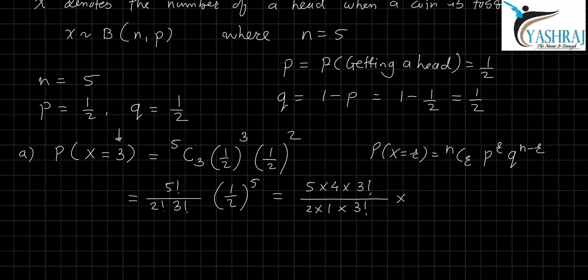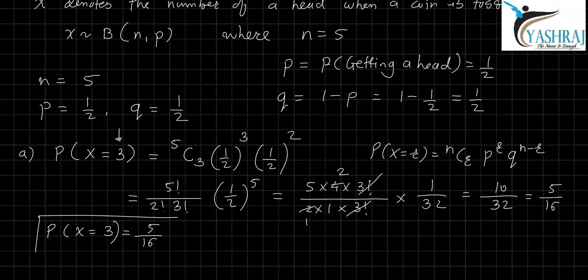Half to the power 5 is 1 upon 32. Now 3 factorial gets cancelled. 2 ones are 2, 2 twos are 4, 5 fours are 20 divided by 32, which simplifies to 5 divided by 16. So the probability of getting exactly 3 heads is 5 divided by 16.